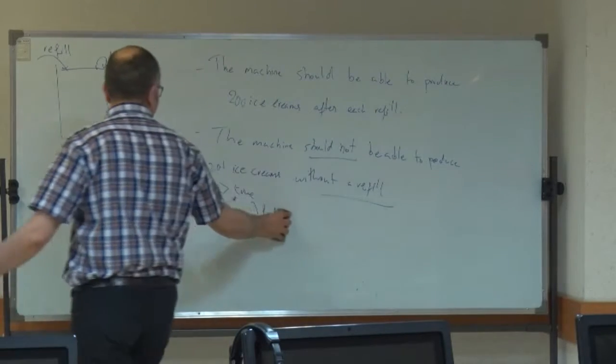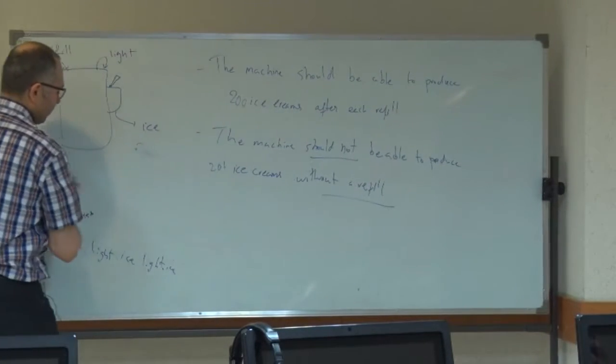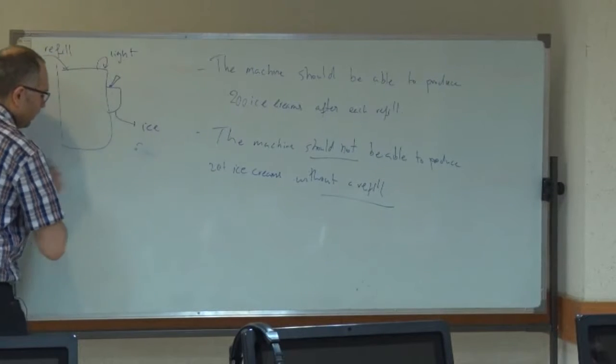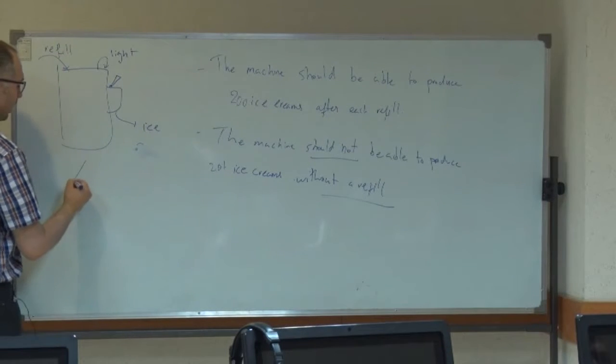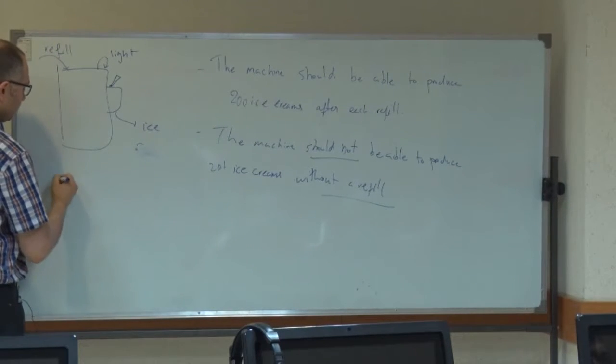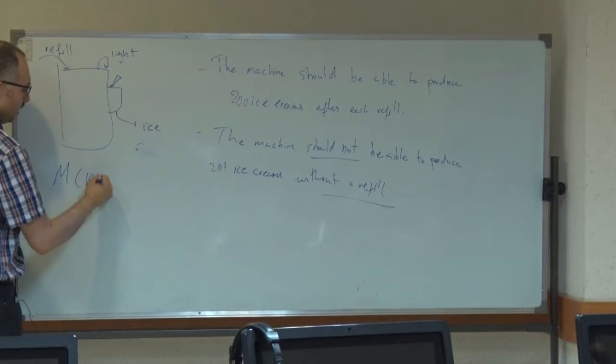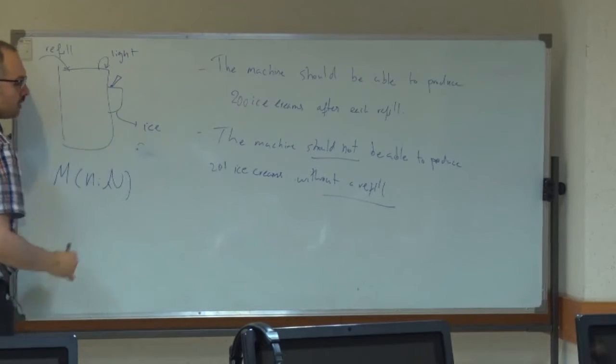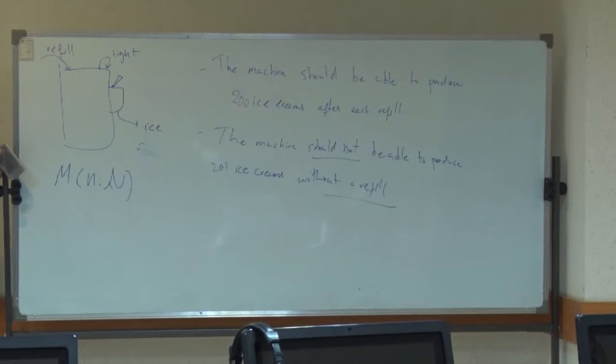The recipe that does work is using data. So you could say, I have an ice cream machine, so let's call this M for machine. It has a variable that shows the current capacity of the machine, current content of the machine, how many ice creams it can produce right now.